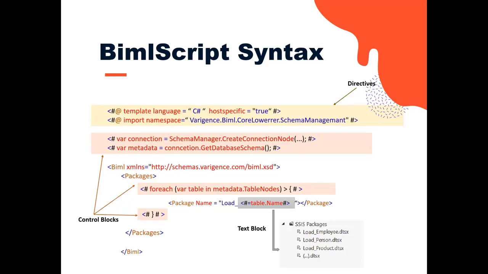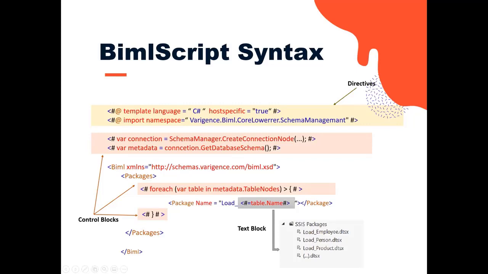The first line creates the variable called connections. We call the schema manager's create connection node method to connect to the source database. This is where we pass our connection string.